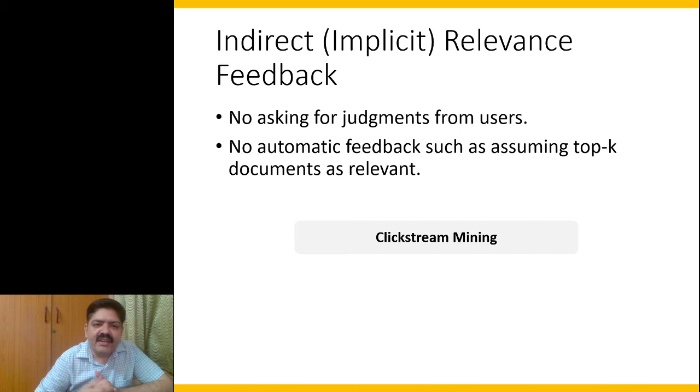There is also indirect or implicit relevance feedback, where we don't ask for judgments from users. We also don't take the top K documents as relevant. But then, how to incorporate relevance feedback? Well, in this case, we use data logs like click streams that we have.